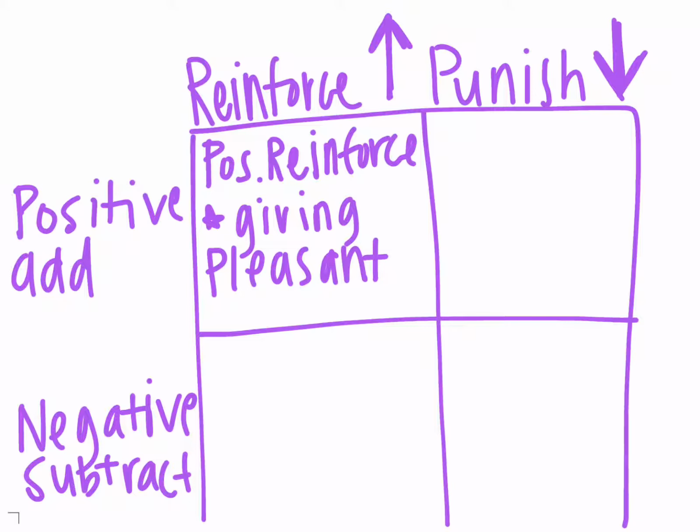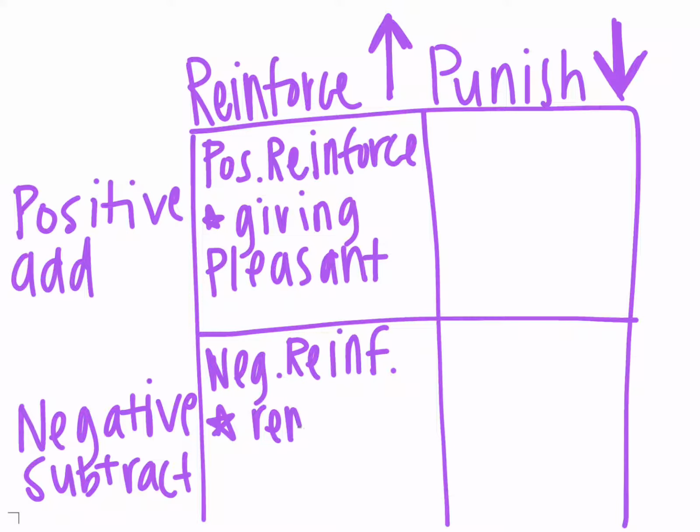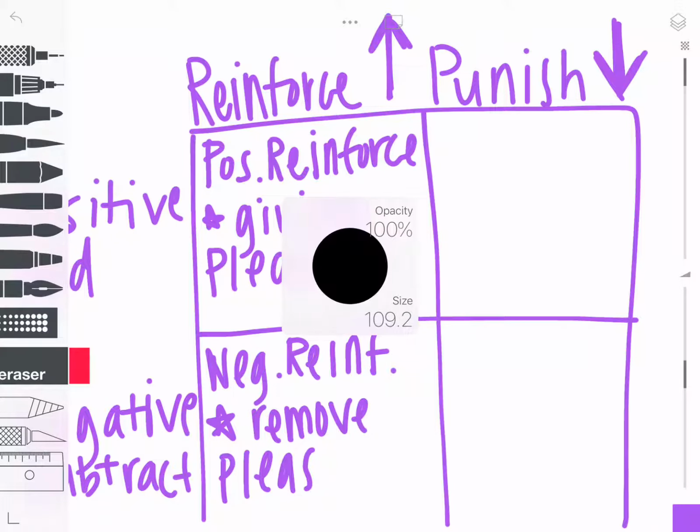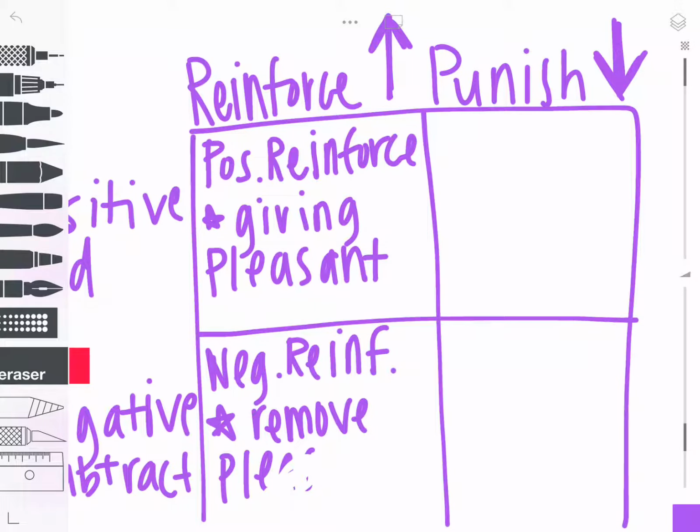Then you can also have negative reinforcement. So negative reinforcement, you are taking, you are removing, you are subtracting a pleasant stimulus. I take that back. I said that wrong. Forgive me. You are taking away an unpleasant stimulus.